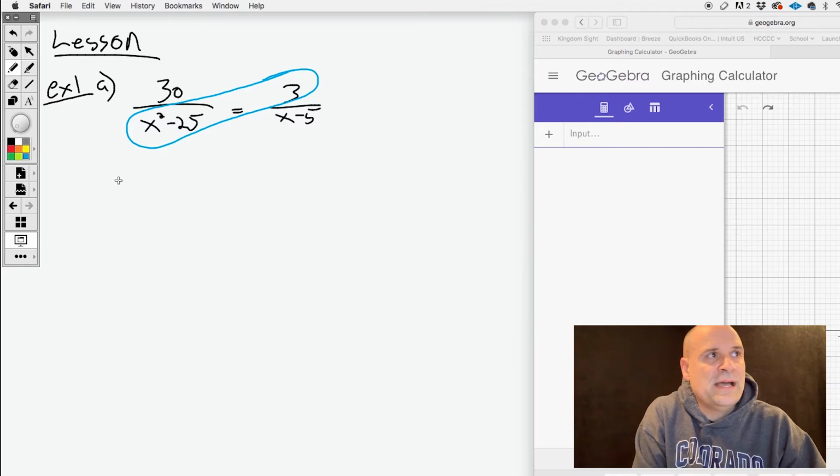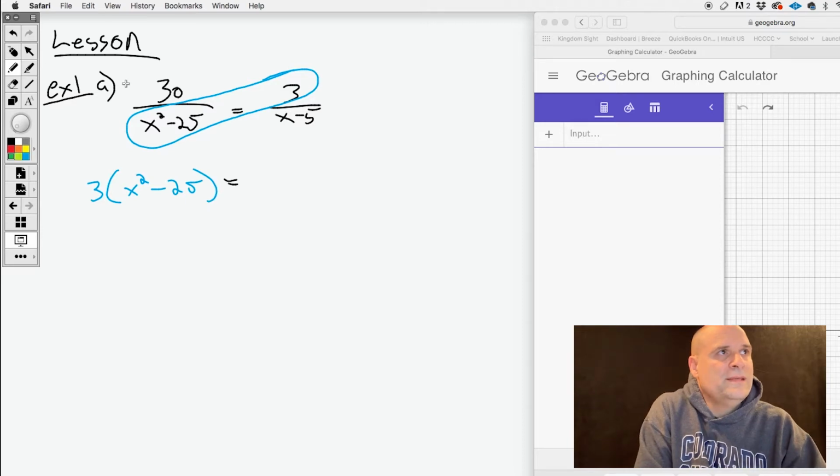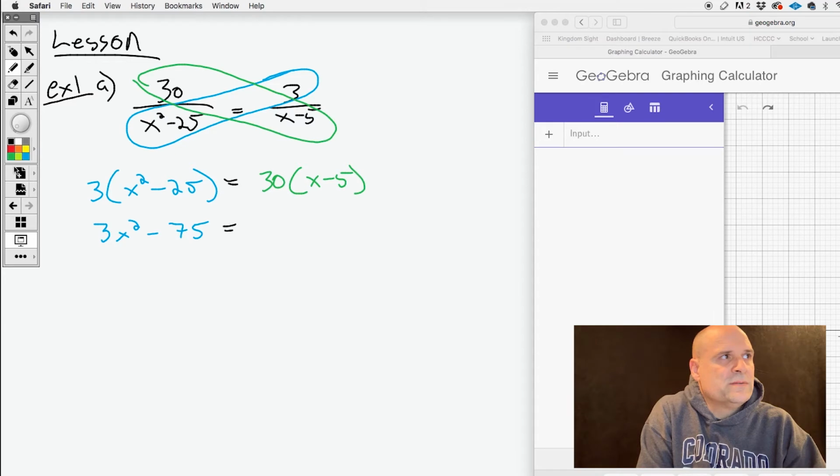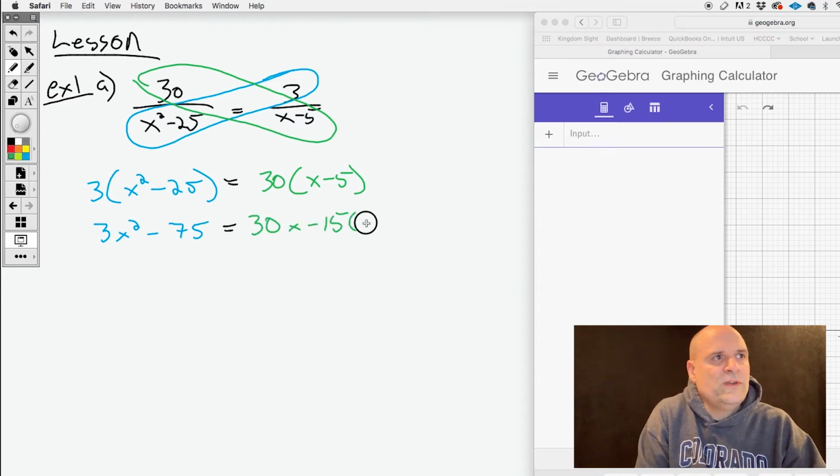Let's write that out. 3 times x squared minus 25 has to equal this cross product, which is 30 times x minus 5. Distribute that out, you get 3x squared minus 75 equals 30x minus 150.